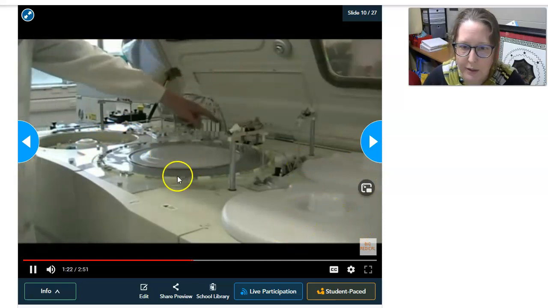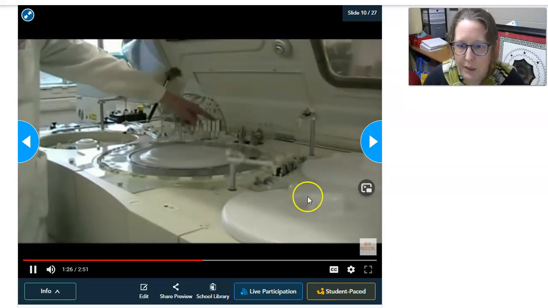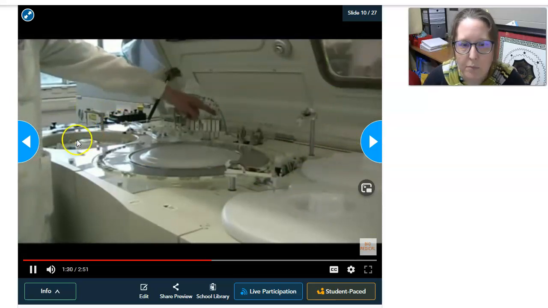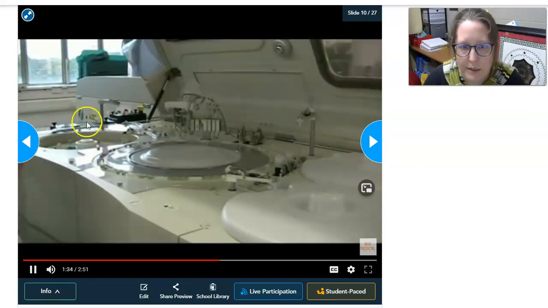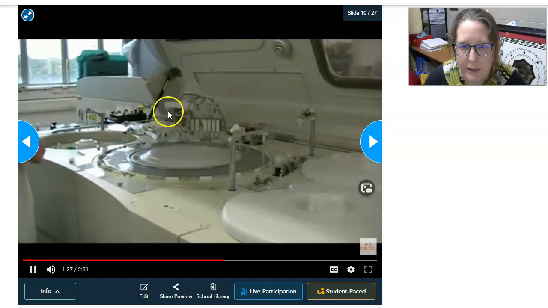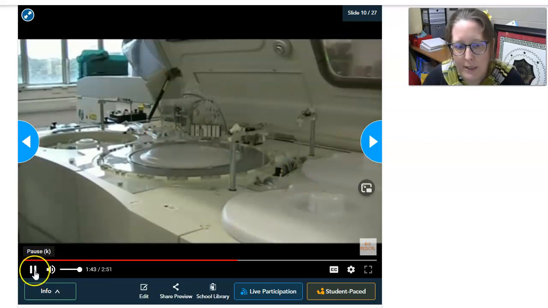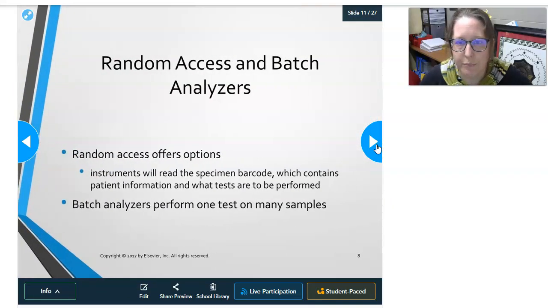Reagents are here, reactions happen here in cuvettes, these probes sample reagents. This probe right here picks up samples, so your sample tubes are here in this area, and this one is also picking up and doing reactions over there. Anyway, that gives you an idea of what this automation looks like when it's actually running.